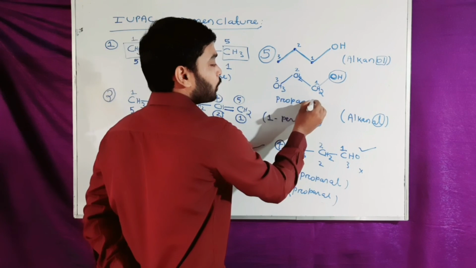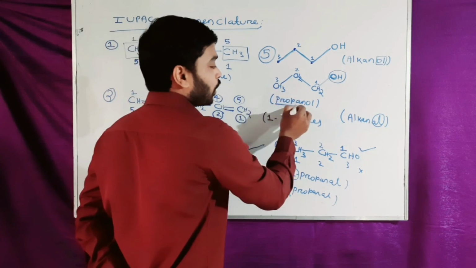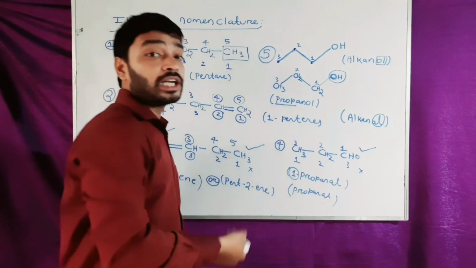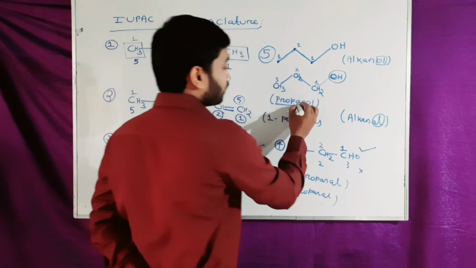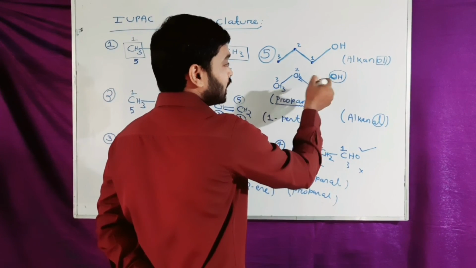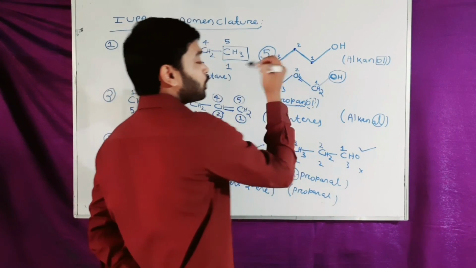The 3 carbon chain is expressed by the word root prop, and it is the derivative of alkane, so the name would be propane, and the e part is replaced by the suffix ol, and the name will be propanol.